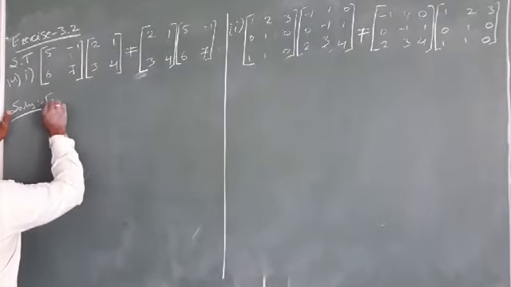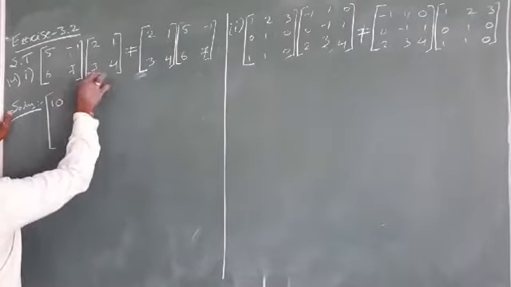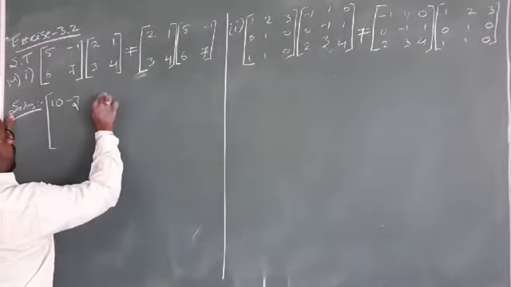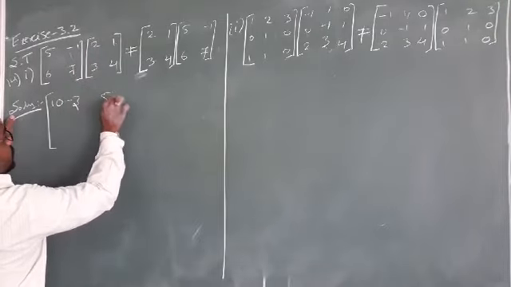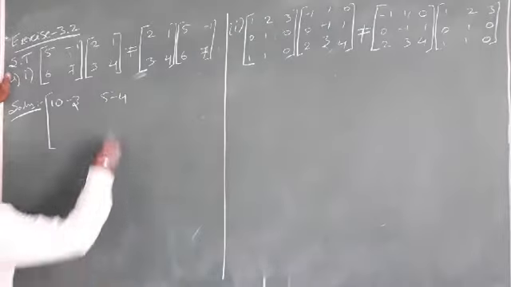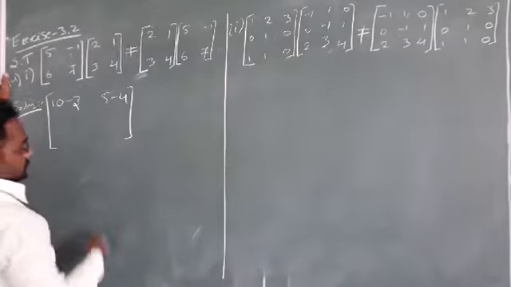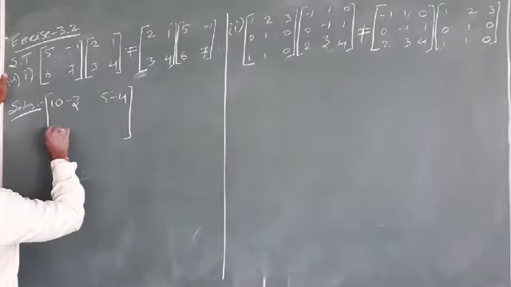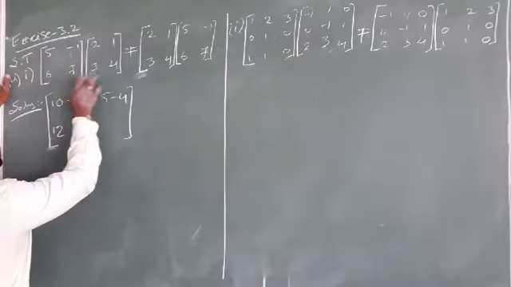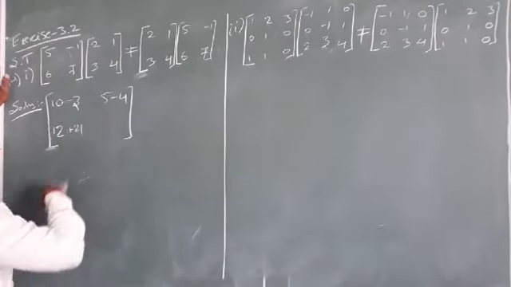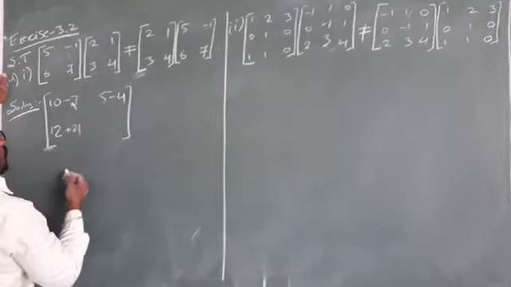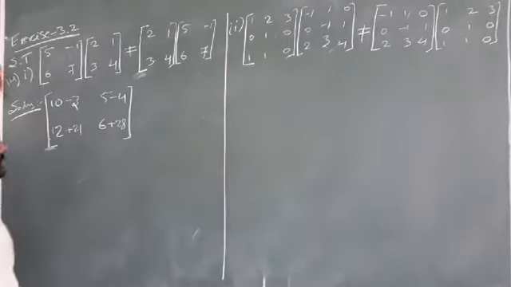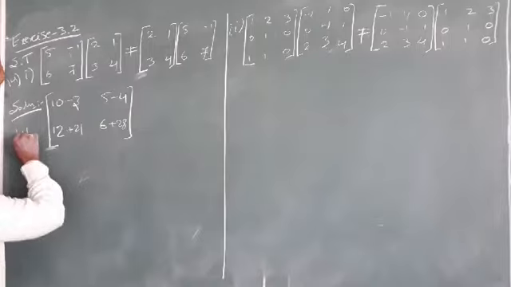5 into 2, that is 10, minus 1 into 3, minus 3, 5 into 1, 5, minus 1 into 4, minus 4. It is what, students, here? 6 into 2, that is 12, 7 into 3, plus 21, 6 into 1, 6, 7 into 4, 28. This is the LHS.